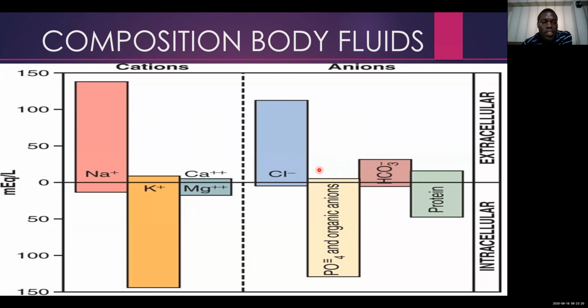We are also looking at positively charged ions and negatively charged ions. So there are some questions I want you to tell me from the graph you're seeing here. What is the main intracellular cation? The main intracellular cation is which one?